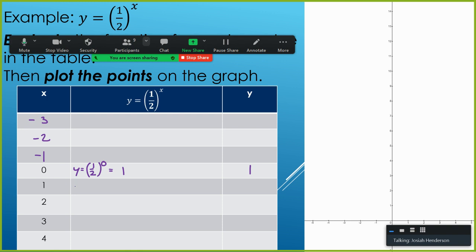And then plugging in 1. This is another good one to do next. The first power. Remember, the first power means you multiply the base to itself just one time, like this. 1/2, and we're done because there's only one of them. So we plugged in 1, we got out 1/2.